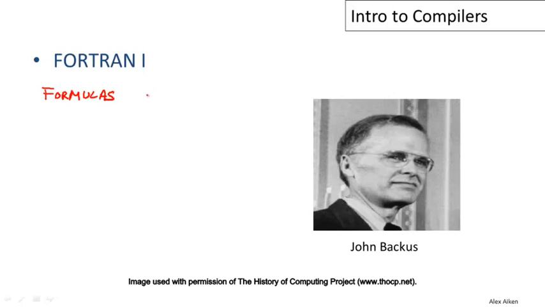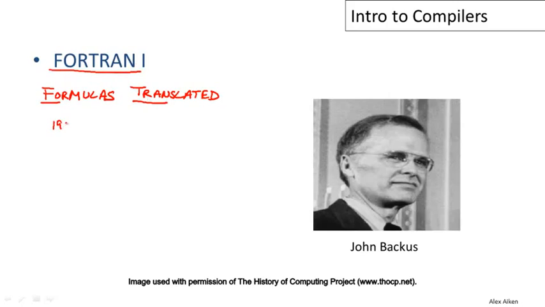And he thought if first the formulas were translated into a form that the machine could execute directly, the code would be faster, while still allowing the programmer to write the programs at a high level. And thus was the Formula Translation Project, or Fortran project, born.